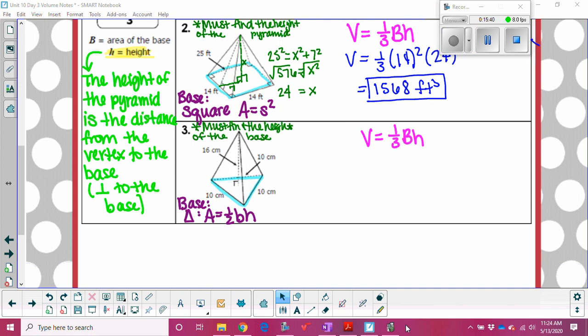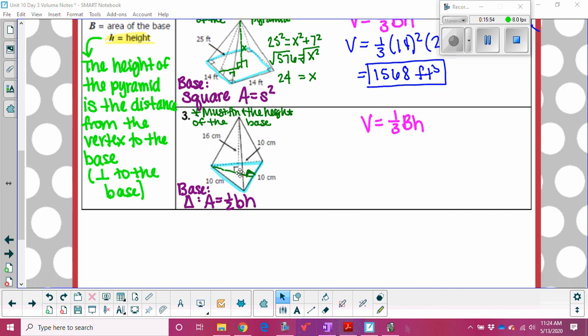So what I'm going to do is draw a line perpendicular to right there. Okay, and I need to find this. I have a right triangle that I can use to find this. I know that this right here is going to be 5. I know that this is 10. So I'm only missing the height.